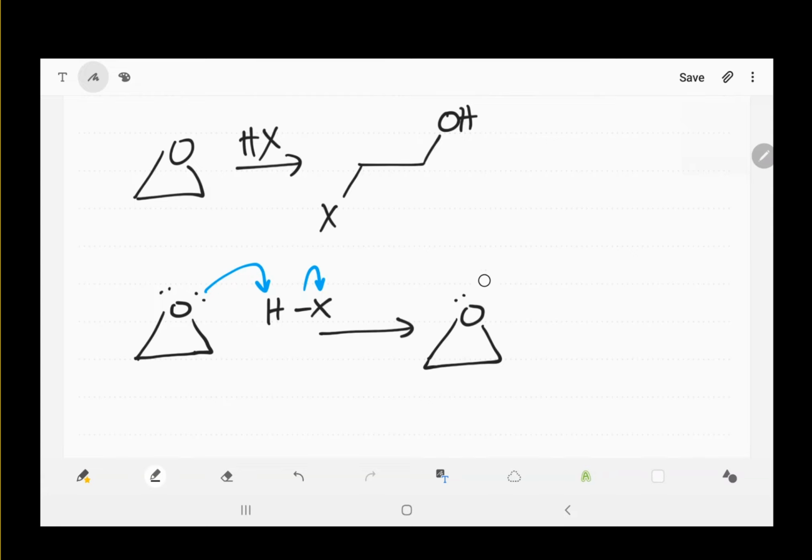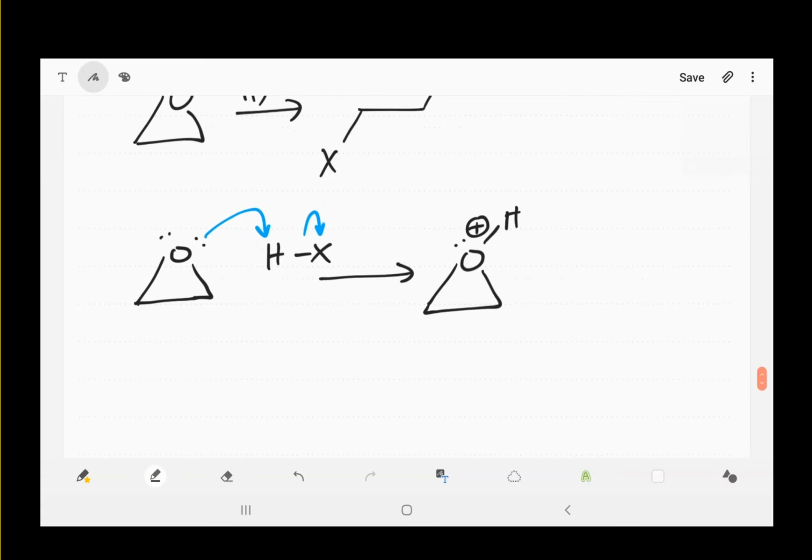Oops, totally not a lone pair there. So now we have our positively charged oxygen. That's going to make this even less stable than it was before, right? So epoxides are already relatively unstable because of their cyclic three-membered ring, a lot of ring strain there. But now, because it's fully positively charged, it's going to really take a lot of electron density away from these carbons.